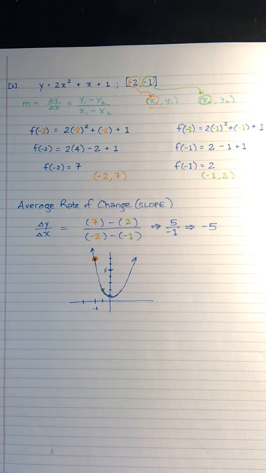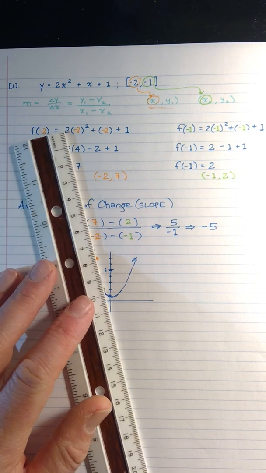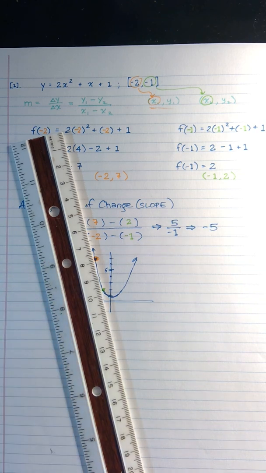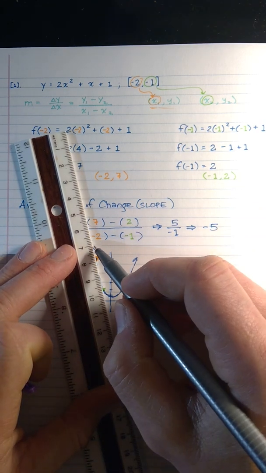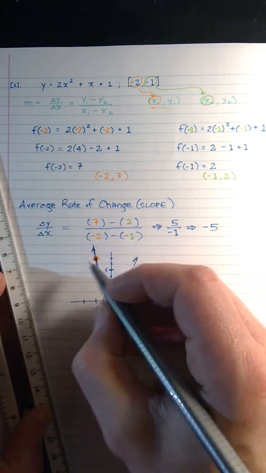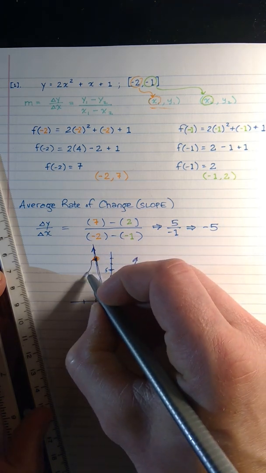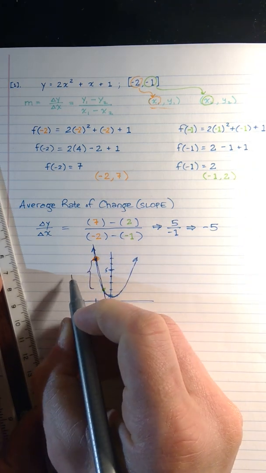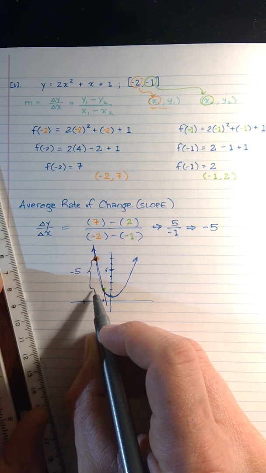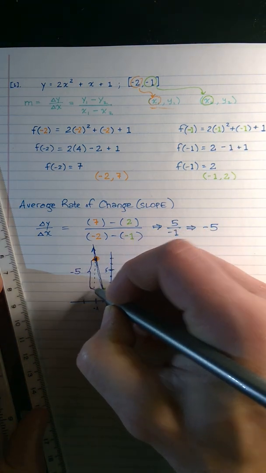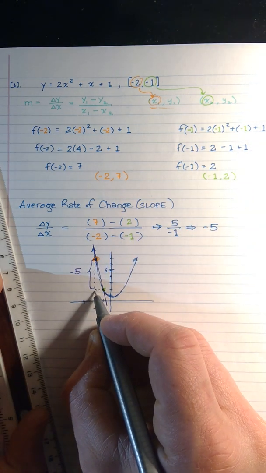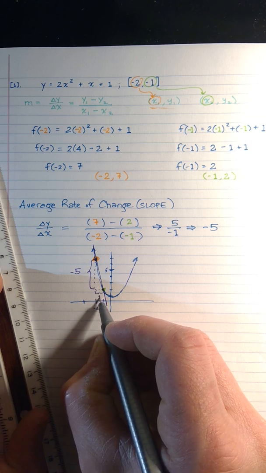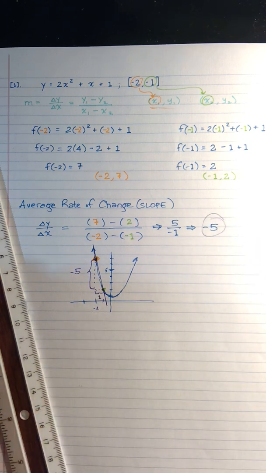So if I were to connect those 2 points, that would be my average rate of change. Right here, that ended up being -5. And this one was +1. There's my -5. Hope that helped. Good luck with the rest of the worksheet, and I'll see you all soon.